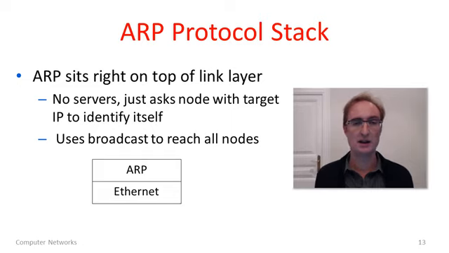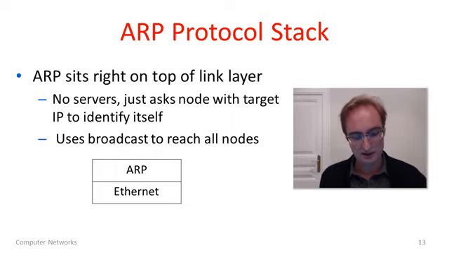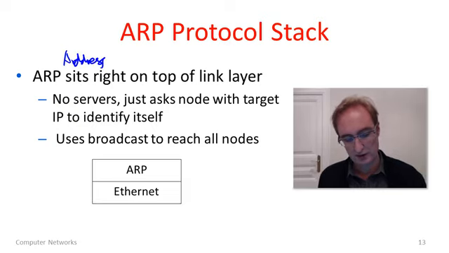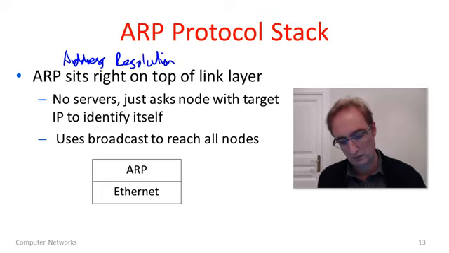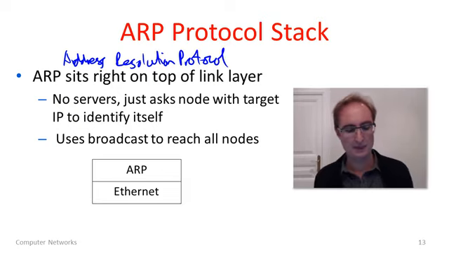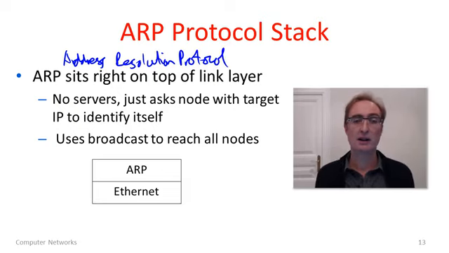So let's talk a little bit about ARP. Here's the protocol stack for ARP. ARP stands for Address Resolution Protocol. So it sits directly on top of a link layer such as Ethernet.